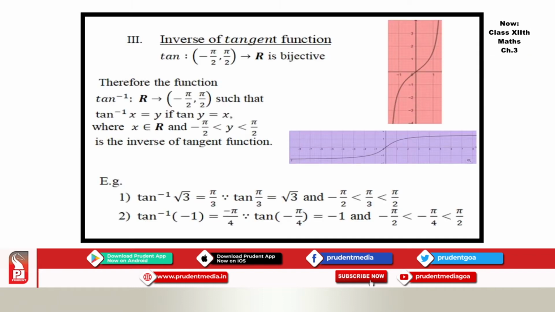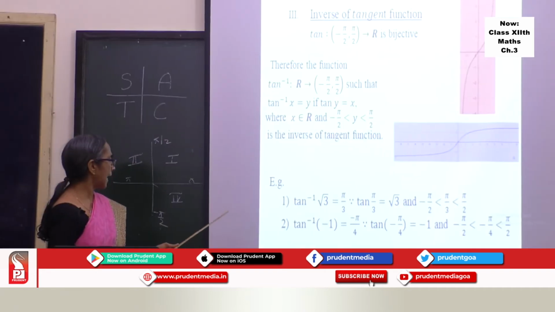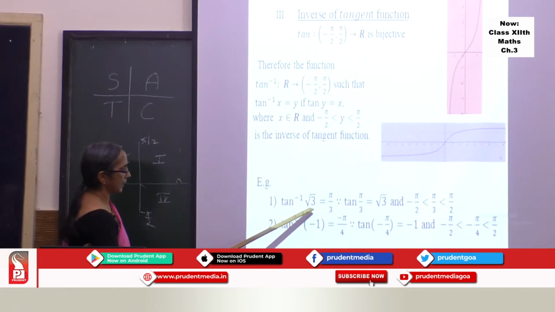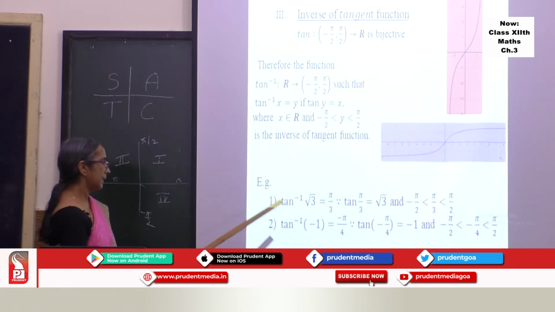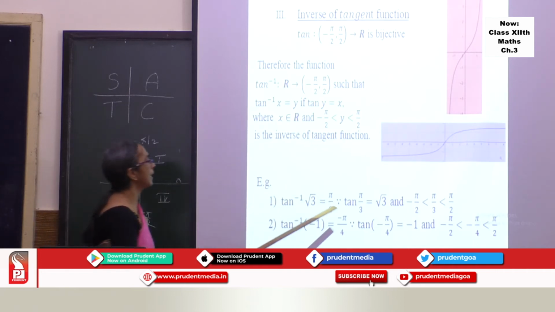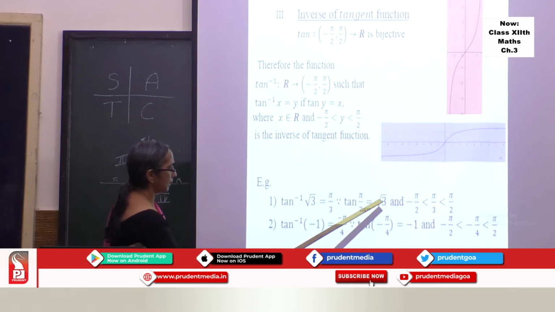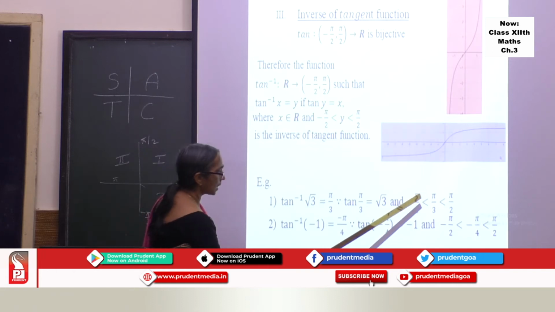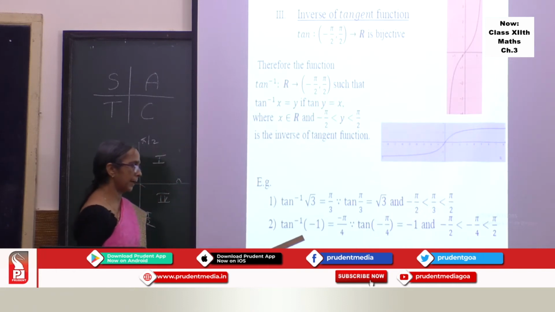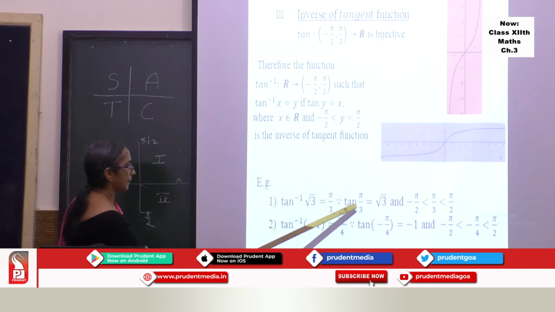Okay, let us see two examples. Here, tan inverse of positive root 3 is pi by 3, 60 degrees. Tan 60 is root 3, you know that. Tan pi by 3 is root 3. But don't write in degrees, you should write it in radians, because pi by 3 lies between minus pi by 2 and plus pi by 2, and tan pi by 3 is root 3.